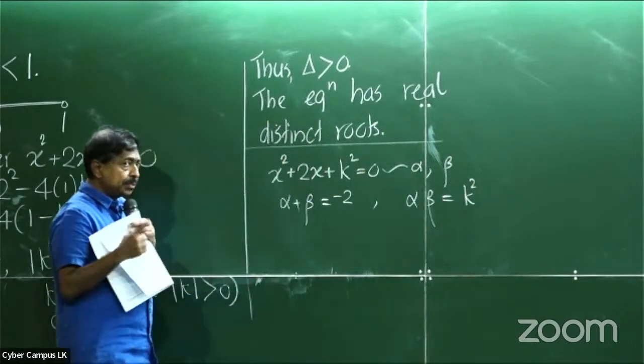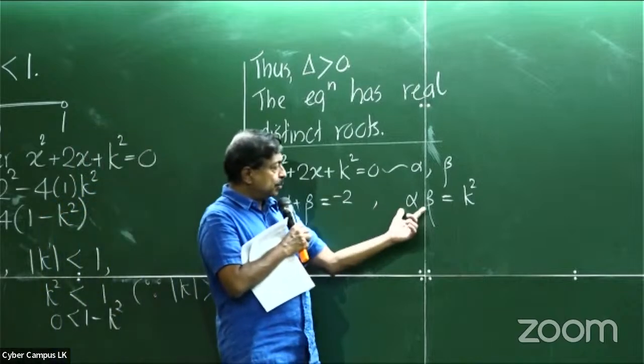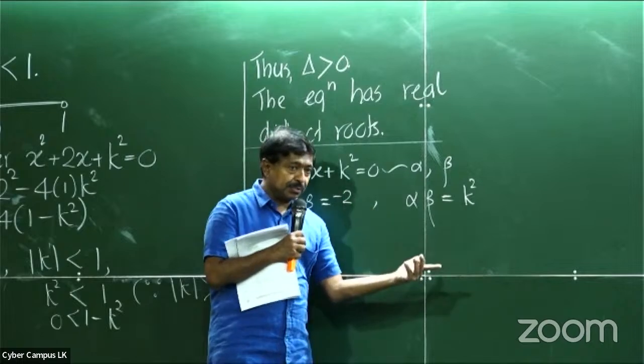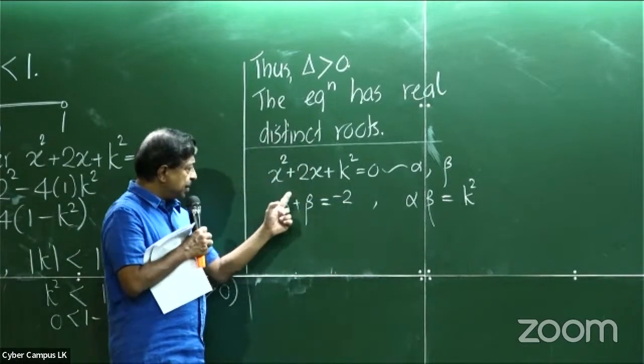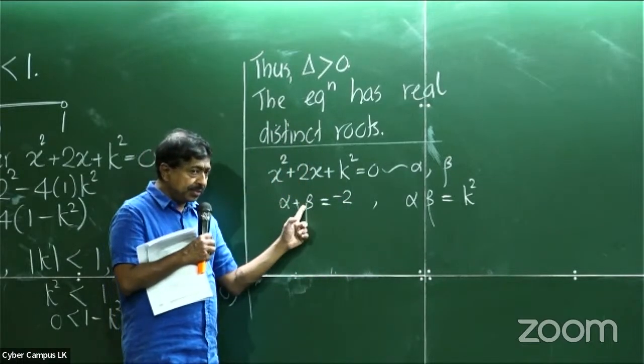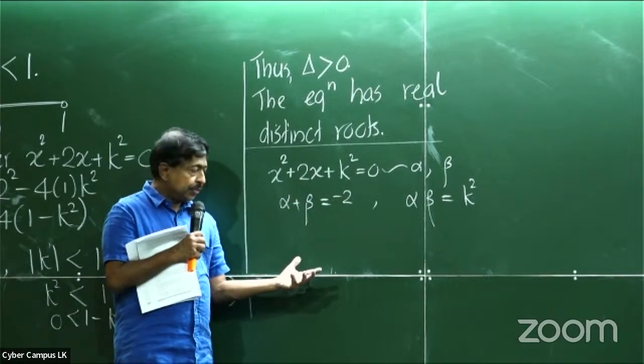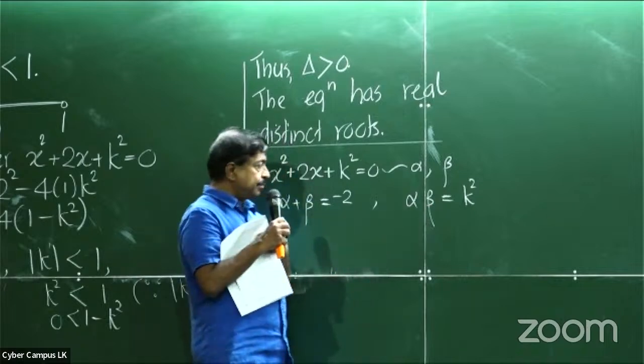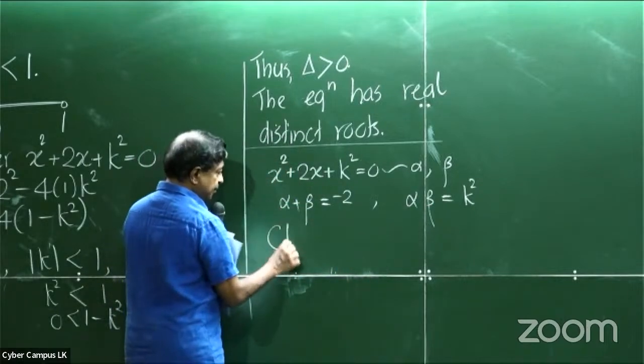Now, to show that both are negative, they must have the same sign. So alpha beta should be positive, same sign. Since both of them are negative, when you add two numbers, it should be negative. So we have to show that this is negative and this is positive. Clearly, this is negative.